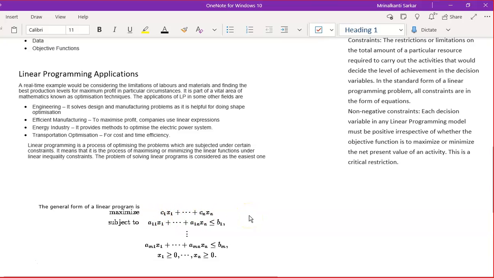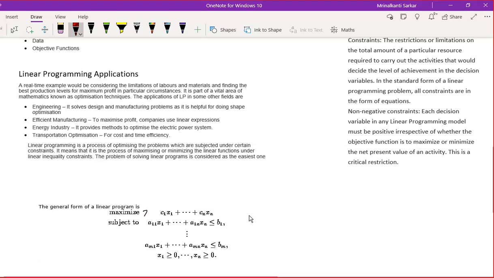This is called the objective function. Maximize z equal to this thing, subject to these conditions like c1 x1, subject to these conditions a11 x1. This is in matrix form, we can write. Basically what you are going to do, that I'll explain. First I tell you the mathematical part.